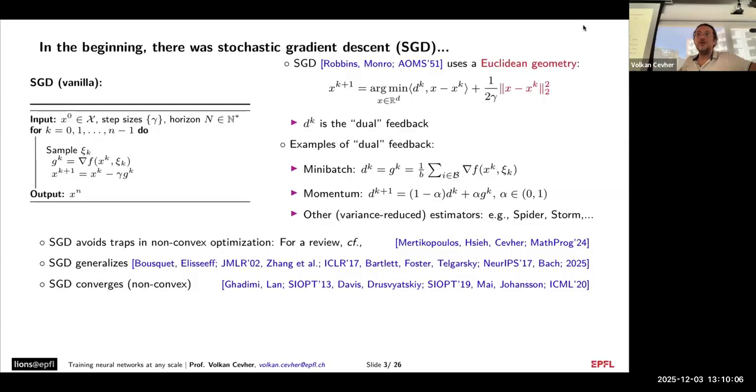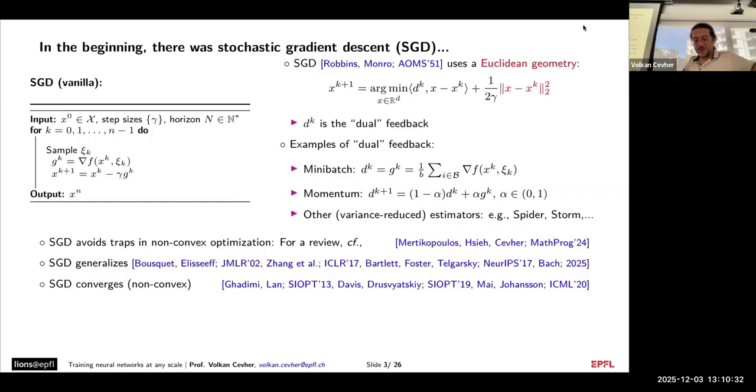But with SGD, if you set things up correctly, you can show that with probability 1, it avoids these traps in non-convex minimization. There's a history of all these works. Please take a look at my work with Panayotis, who is incidentally at NeurIPS. I've been talking with him this morning for a review.